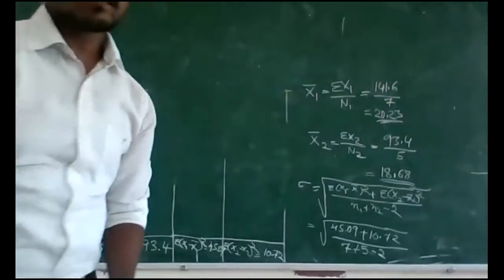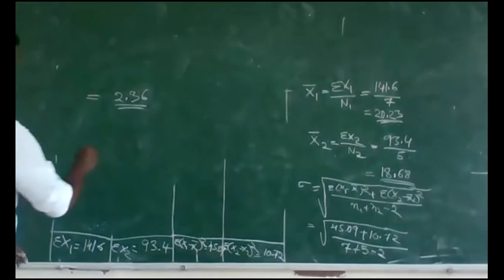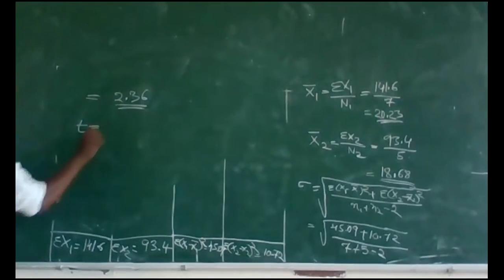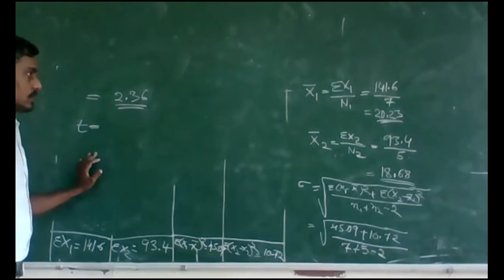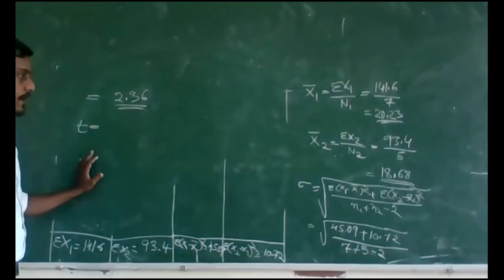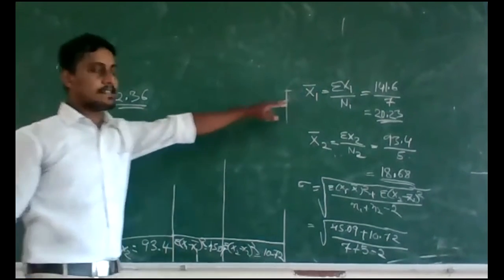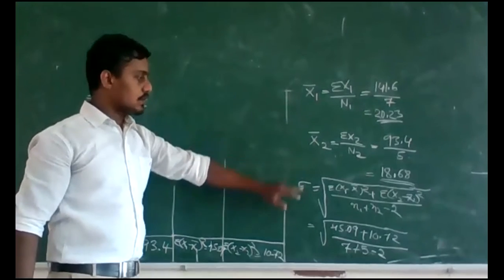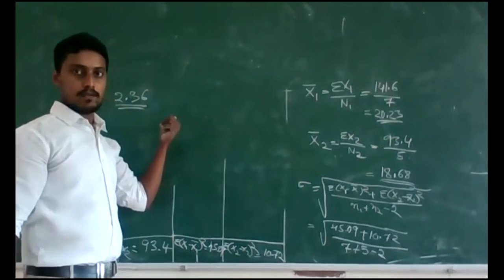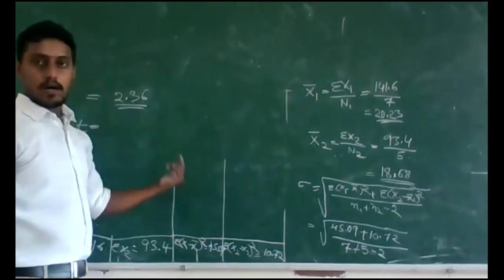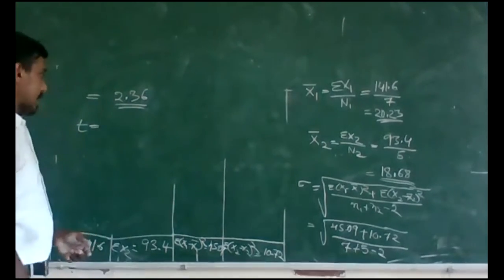Next, calculate the t statistic value. Use the formula and insert the values. We have all the information: x1 bar, x2 bar, standard deviation, and we also know the n1 and n2 values.